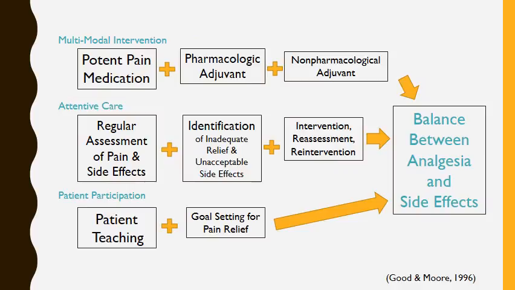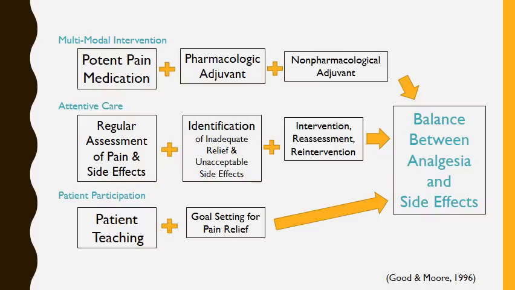This is a model of how each concept comes together to create pain management, with a balance between analgesia and side effects. The first concept of multi-modal interventions can be broken down into three different areas. The first is potent pain medication. An example of this would be morphine, fentanyl, or Dilaudid.